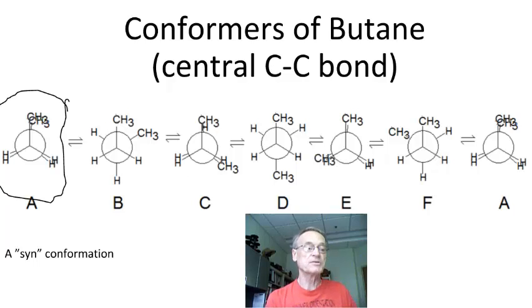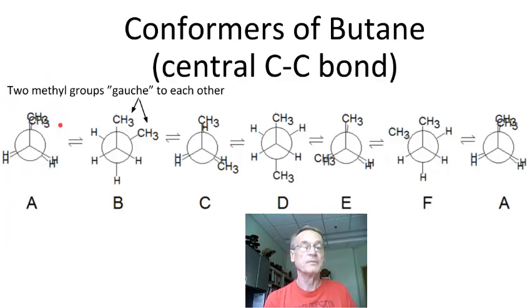And because these two methyl groups are syn to each other, we refer to this conformation as the syn conformation. So two slightly different meanings of the word. Syn can refer to a relationship between groups on a molecule, and for that matter, these two hydrogens are syn to each other as well. Or syn can be used as a name for a conformation. So this is a syn conformation.